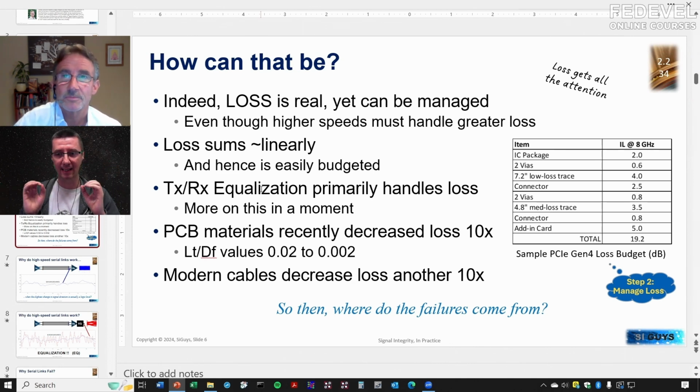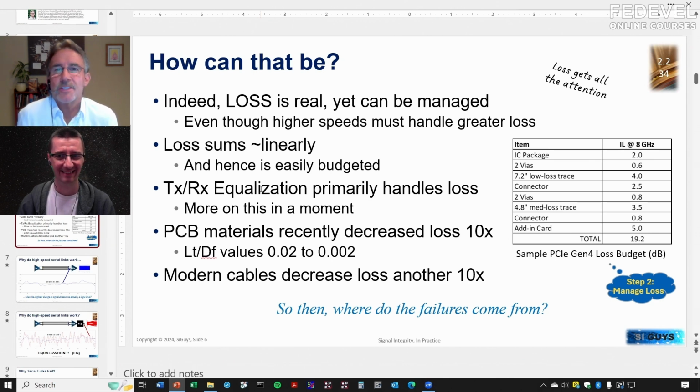I would like to really highlight that there is a really big difference between the signal coming out of the transmitter and the signal which is received. Yes, and I'm going to show a picture of that, but you actually just explained it really well. Good job, Robert. In Gen 5 PCI Express at 36 dB, you've got like 1 to 2% of the voltage that started at the transmitter showing up at the receiver.